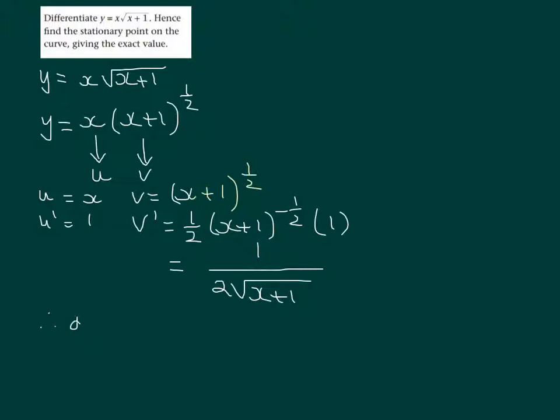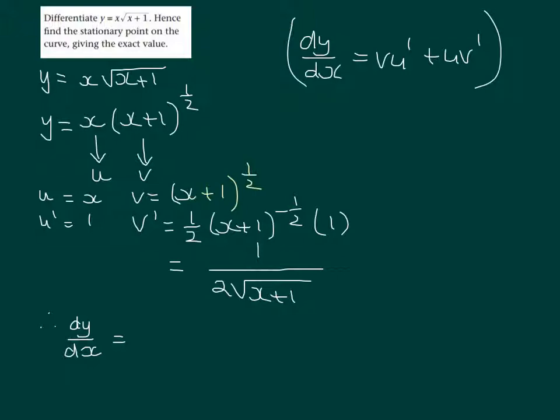So dy dx equals, and if I do it using v's, just do it up here. So dy dx equals vu dash plus uv dash.